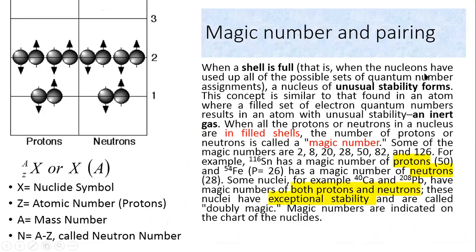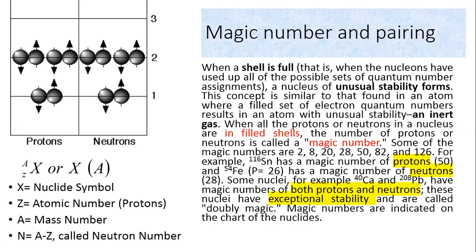When the shell is full, that is when the nucleons have used up all the possible sets of quantum number assignment, a nucleus of unusual stability forms. So when the shell is full, the nucleus has the highest stability.